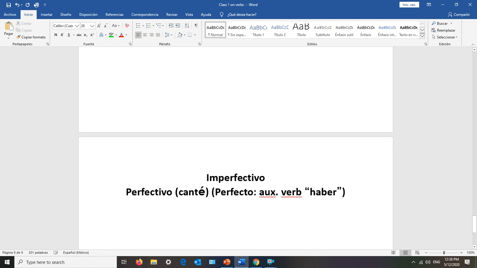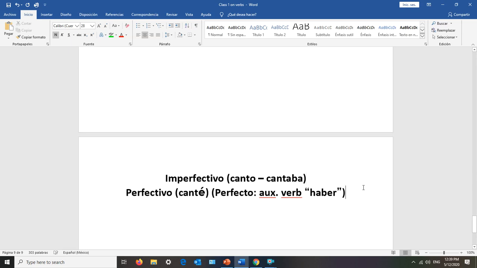And establishing what I had said orally before. So, imperfectivo associated with forms such as canto and cantaba, that is presente y pretérito imperfecto.